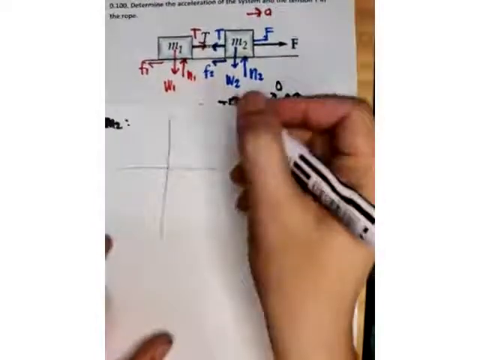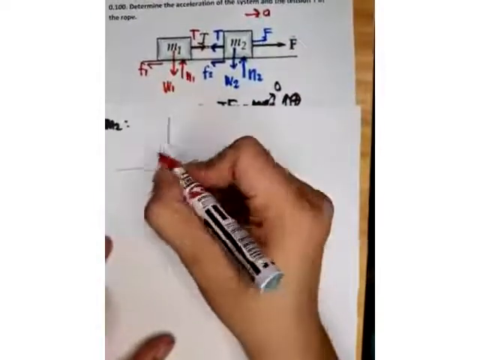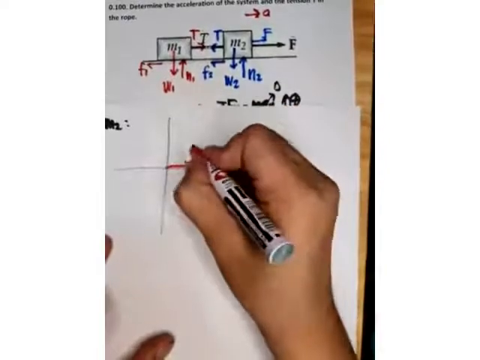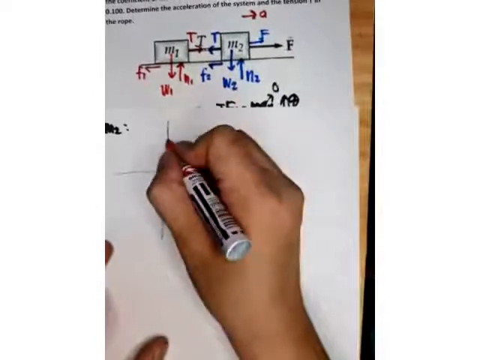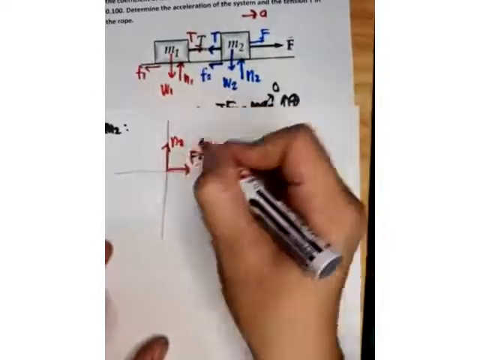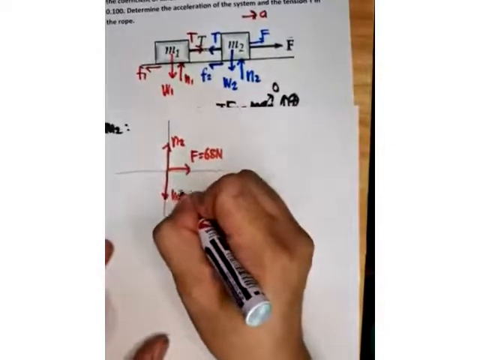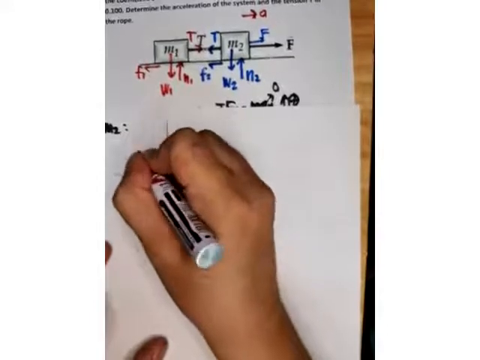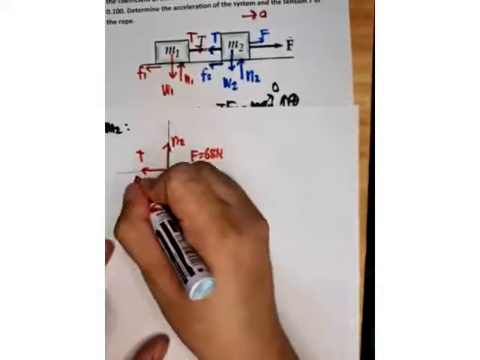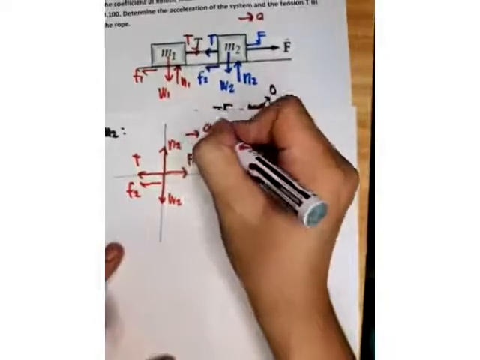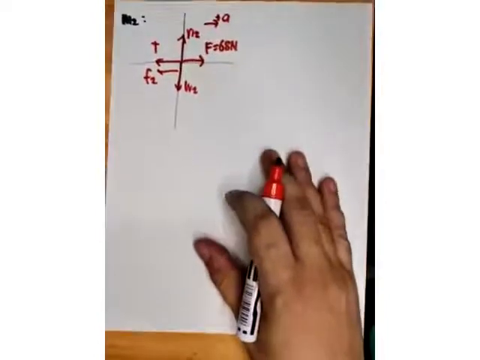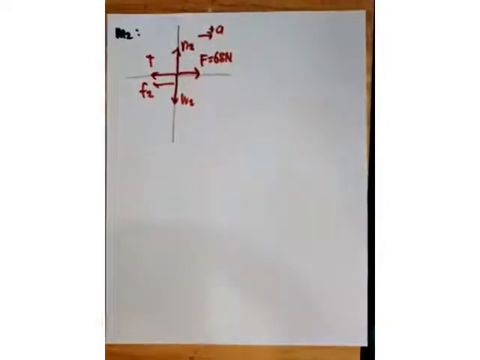So we have the applied force, which is 68 newtons. We have the normal upward, the weight downward, tension to the left, and then frictional force also to the left. And acceleration is in this direction. So that's also positive.